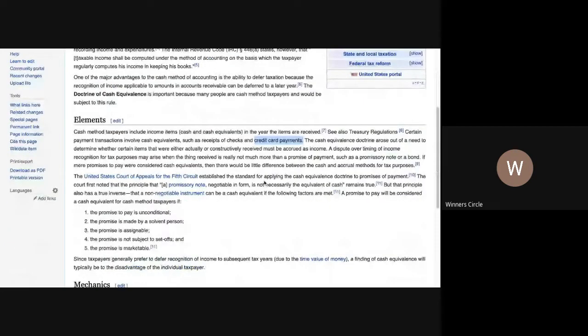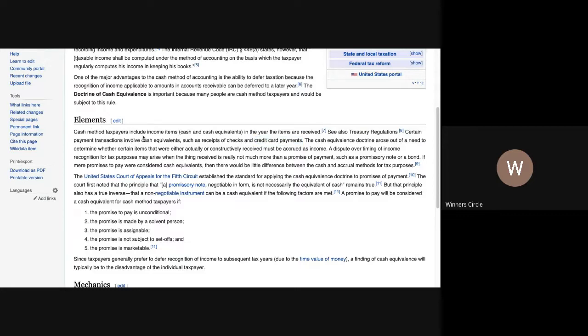The reason why I'm using Wikipedia is to make it simpler for people who do not understand the tax code or how to read it, because reading Title 26 can be a nightmare for most people if you don't have a high level of reading comprehension skills. And there's nothing wrong with that. We all have some area that we have to build.